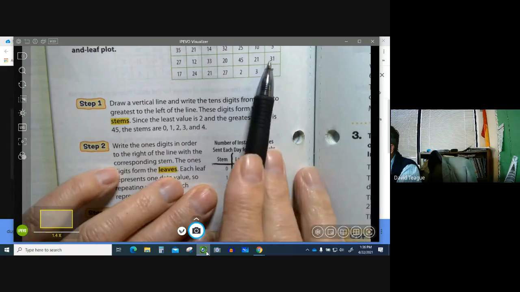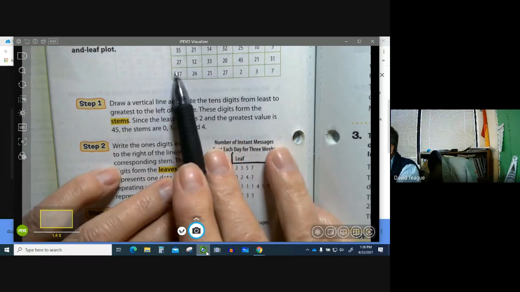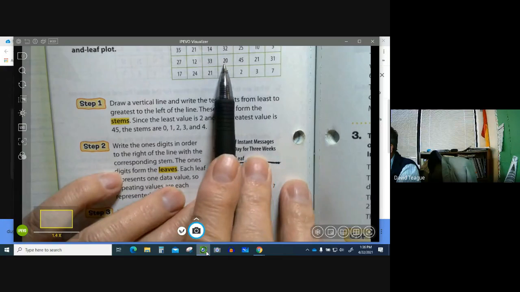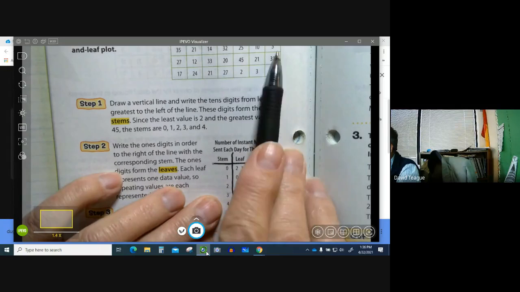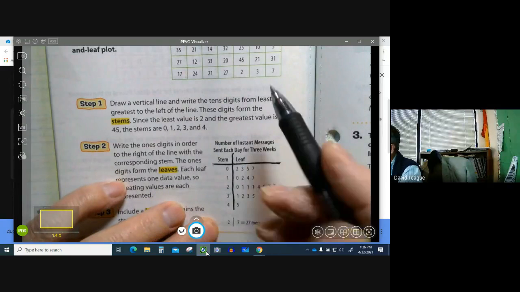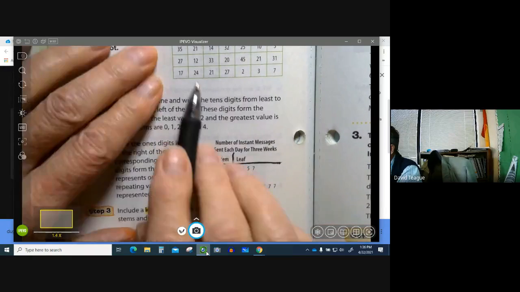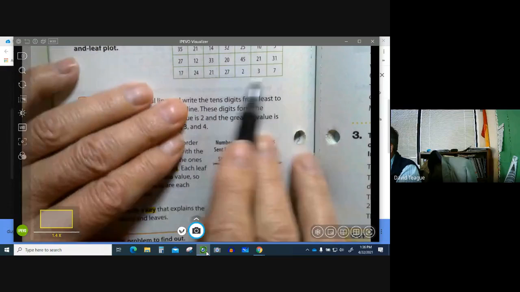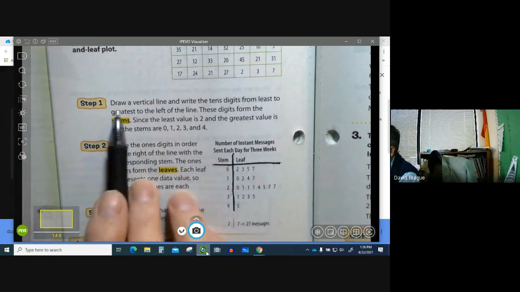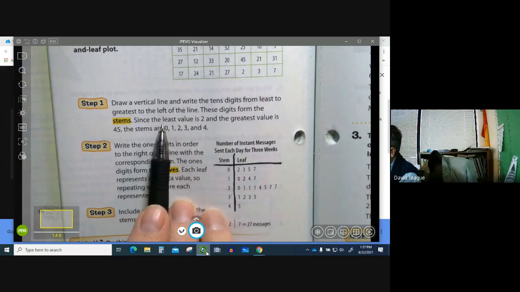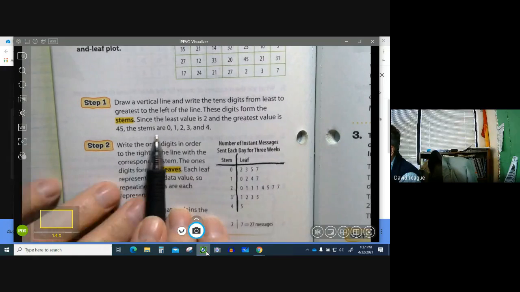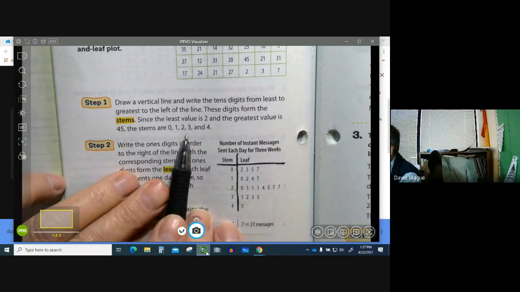And then you have some numbers that have a 1 in the tens place, like 12. And then you have to have a 2 because these numbers have 2 in the tens place, and then 3, and then 4, okay? So this is going to represent the tens place for these different numbers in this data set. So since the least value is 2 and the greatest value is 45, the stems are 0, 1, 2, 3, and 4.